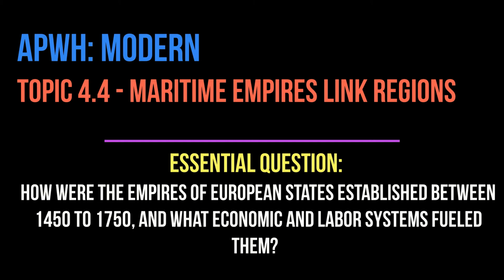Now, some of the local rulers in Africa, other Africans, start to figure out that because of geography, because of their location on the coastal region, they have an opportunity here to make a lot of money for themselves. So some of the local rulers are trading slaves to the Europeans in exchange for, guess what? Gunpowder and cannons.